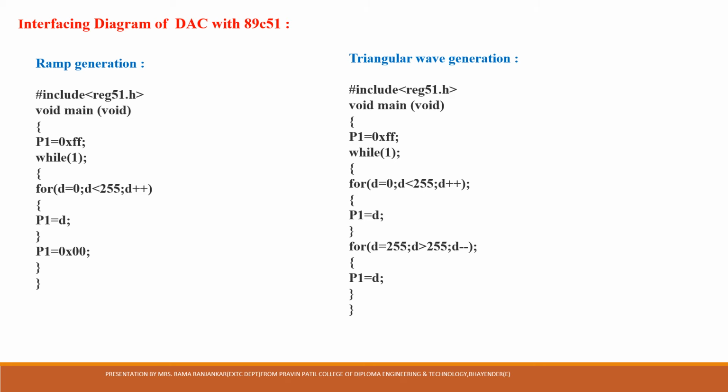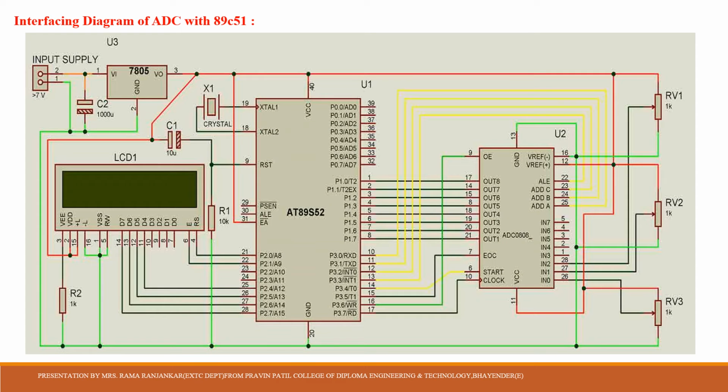Now once it is displayed you move towards the negative ramp, and for the negative ramp we write the instruction for D is equal to 255, D is greater than 0, D minus minus, and this value is displayed. So in this way the triangular waveform is displayed on your CRO.